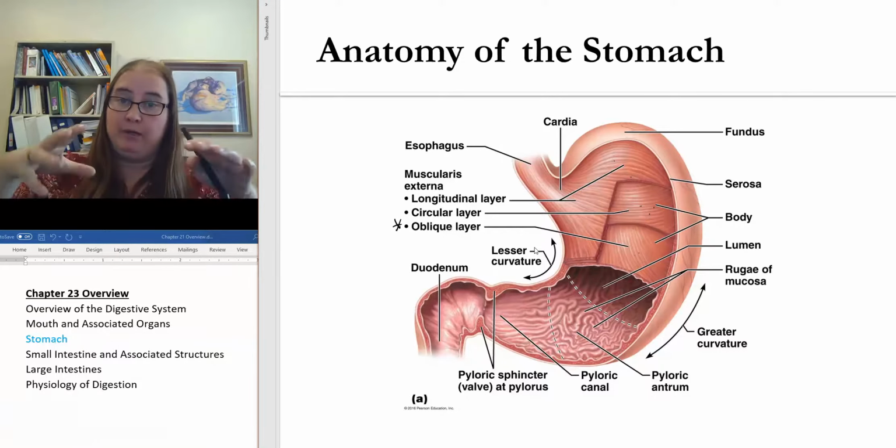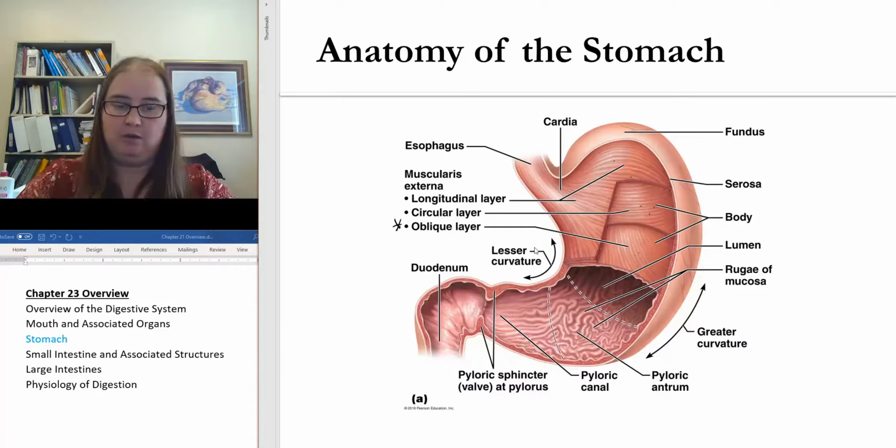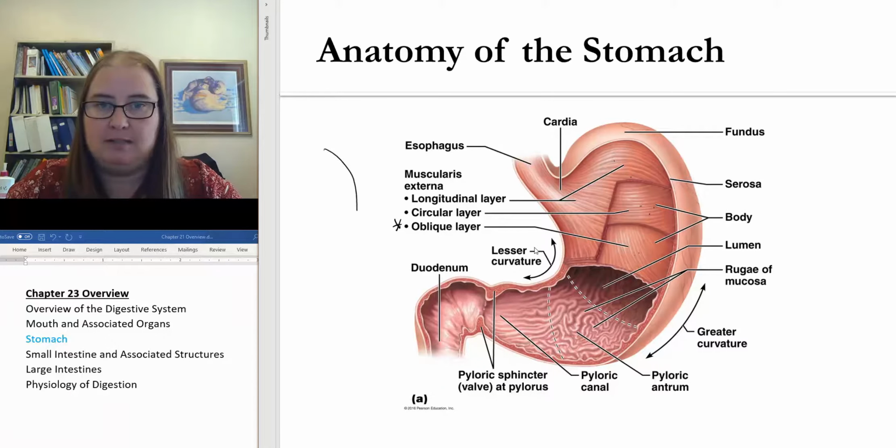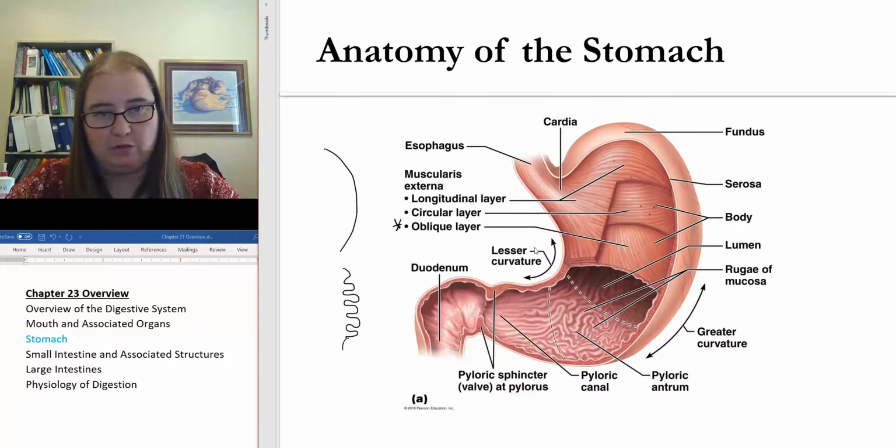When it's empty, as it shrinks down, the mucosa, if you have this as an enlarged wall, when this shrinks down, this same wall is going to have this type of appearance to it, okay? So that it makes up less space. And that's what the rugae are here, these squiggles that you're seeing.